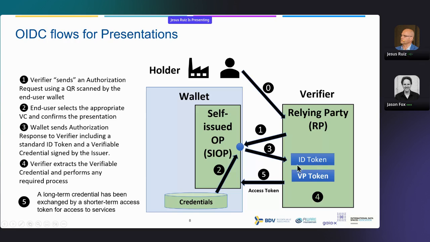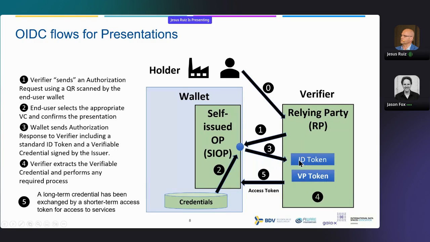With the new standard, in addition to the ID token, there is a new field in the OpenID Connect flows that is named VP token, okay? And inside the VP token, VP stands for verifiable presentation. So the act of sending a verifiable credential, a diploma, from the wallet to the verifier is called verifiable presentation.